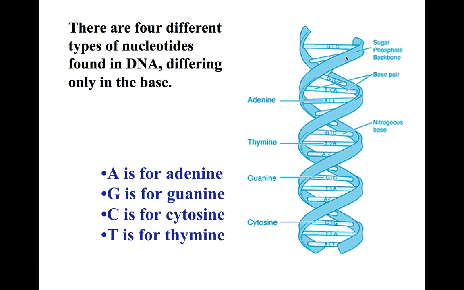So why should we draw them over and over and over again? Instead, we just draw it as a line. And then the bases are joining in the middle. Again, the bases are not joined physically, they are bonded through chemical bonds that we talked about last year.